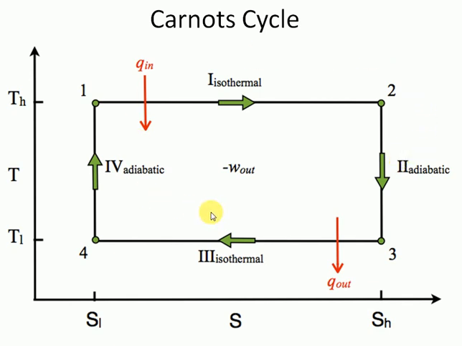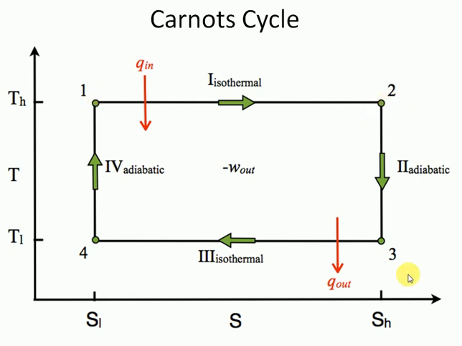Now let us see in which equipment these processes are carried out. These are the four processes, and they are carried out in four devices. Process 1 to 2 is a heat addition, that means a boiling process. So this process 1 to 2 is carried out in a boiler.